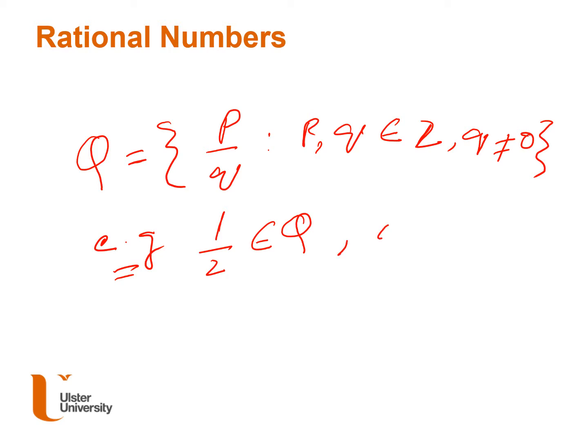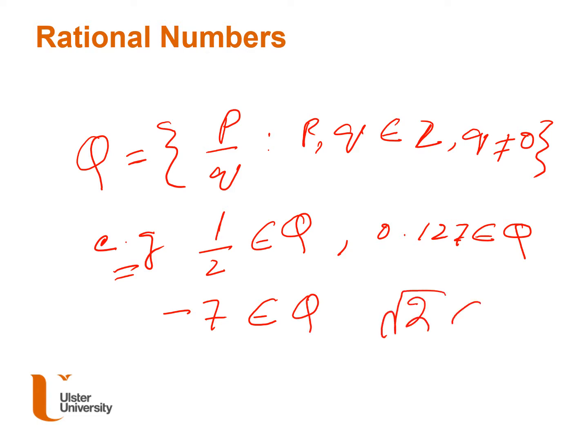We can say 0.127 is an element of the rational numbers. -7 is an element of the rational numbers, but remember the square root of 2 is not an element of the rational numbers. Similarly, for irrational numbers, if we subtract all the rational numbers from the real numbers, the remainder is the irrational numbers.